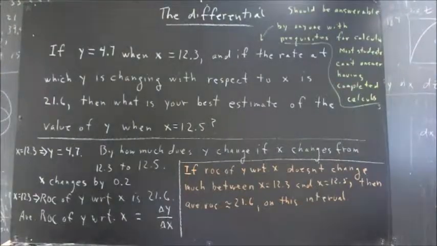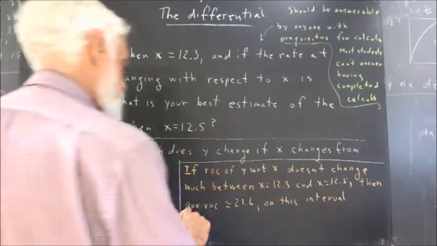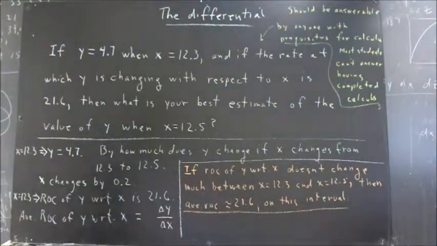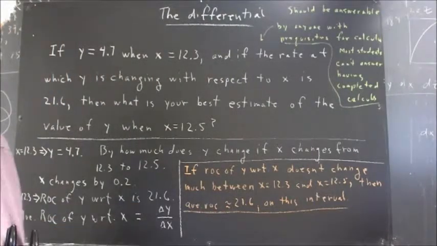So our conclusion is that delta y over delta x should be approximately 21.6.